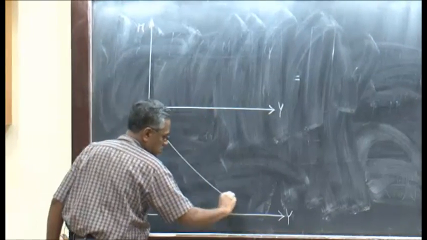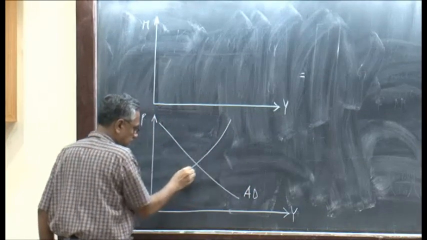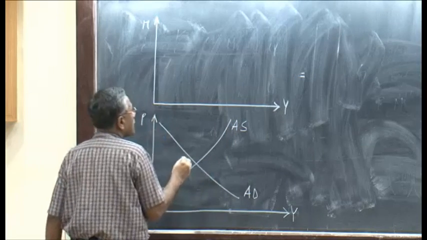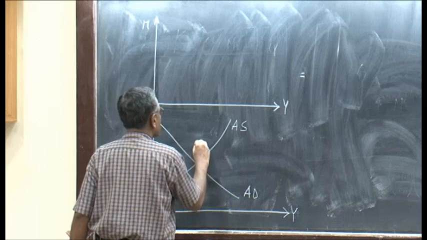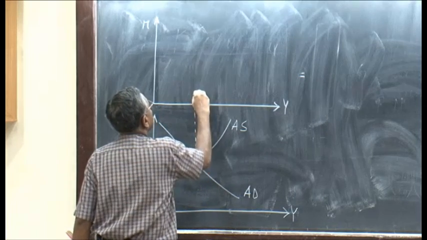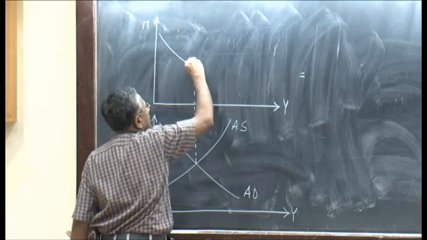Suppose the demand function is like this, aggregate demand. Suppose the supply function is like this, aggregate supply. And this equilibrium point corresponds also to equilibrium on the demand side.